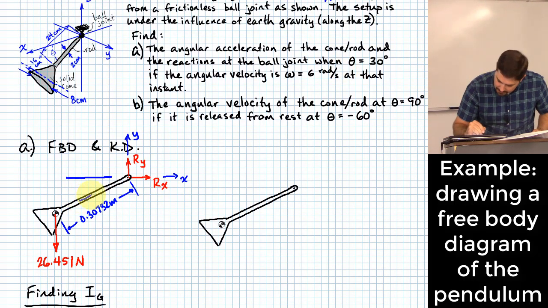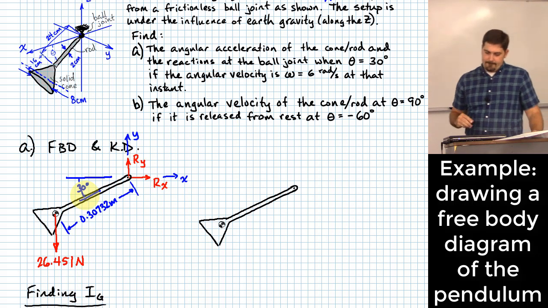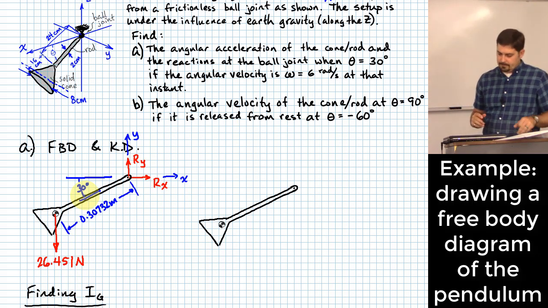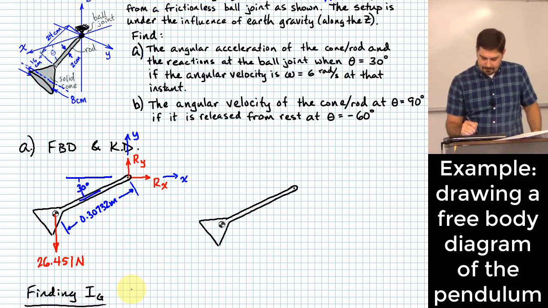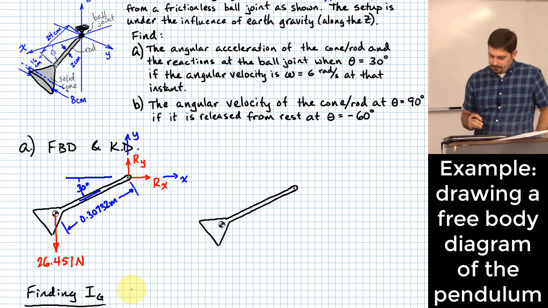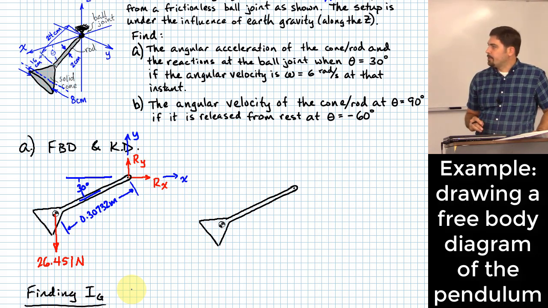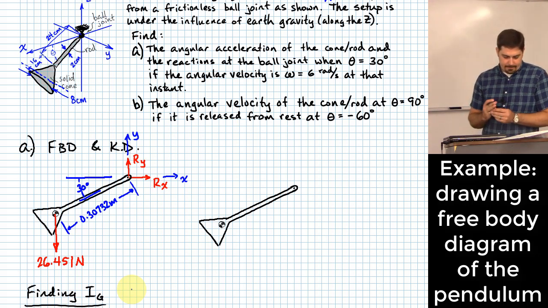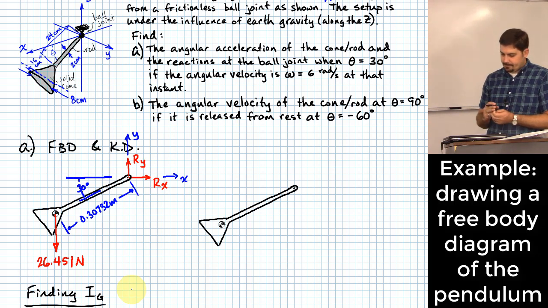So let me say here that I can say this is 30 degrees. All right. Anything else I need to do for my free body diagram that you can think of? We'll leave it alone for just a second.